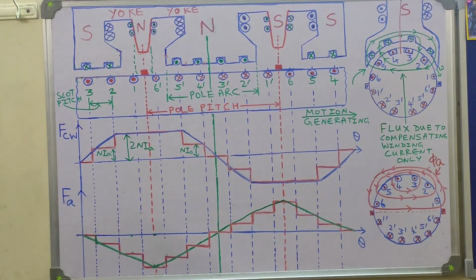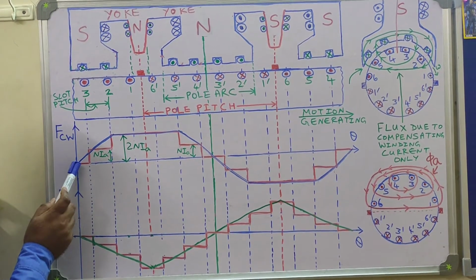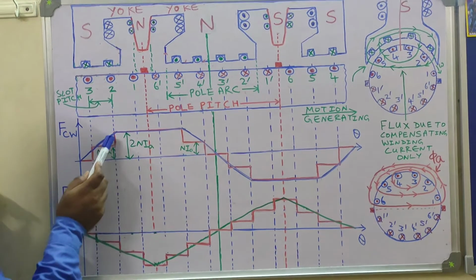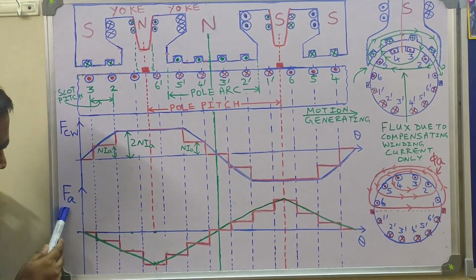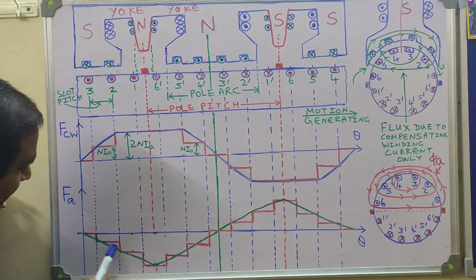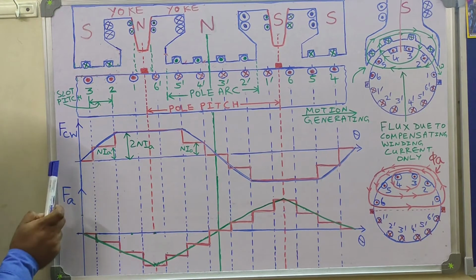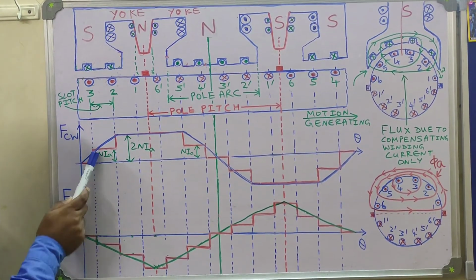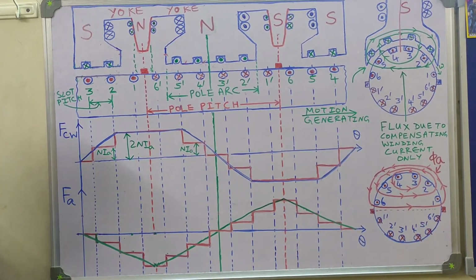Now what you can notice is that for compensating winding MMF, the MMF is rising above this horizontal line, that means it is increasing in the positive direction, whereas for armature MMF it is increasing in the negative direction. If you take the sum of FCW, the MMF due to compensating winding, and the MMF due to armature current, you will find that these two are individually not zero.